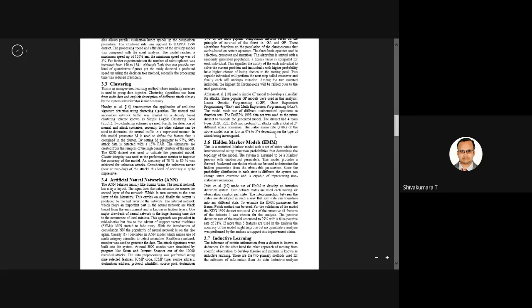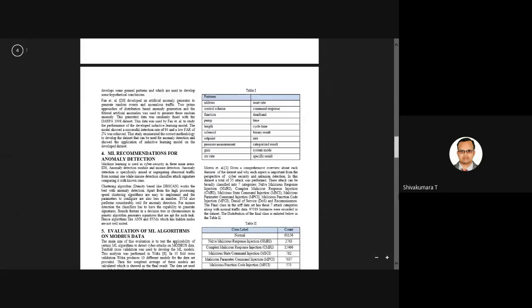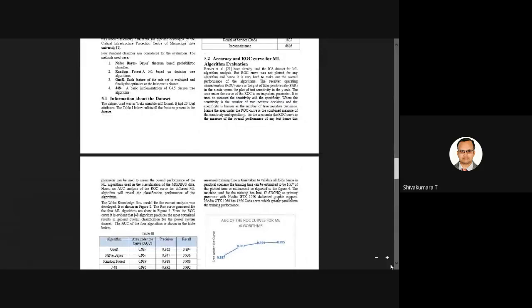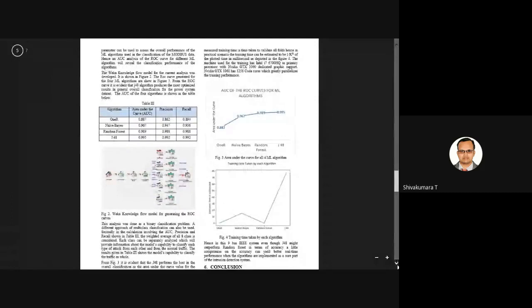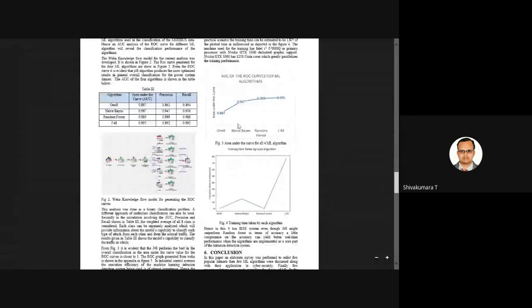The algorithms used in the paper are also written, and you can observe the tabular representations. All these results and discussions are made by the researcher, and he was able to infer some of the results, representing those in the form of statistical analysis like graphs, line charts, and line graphs, etc.